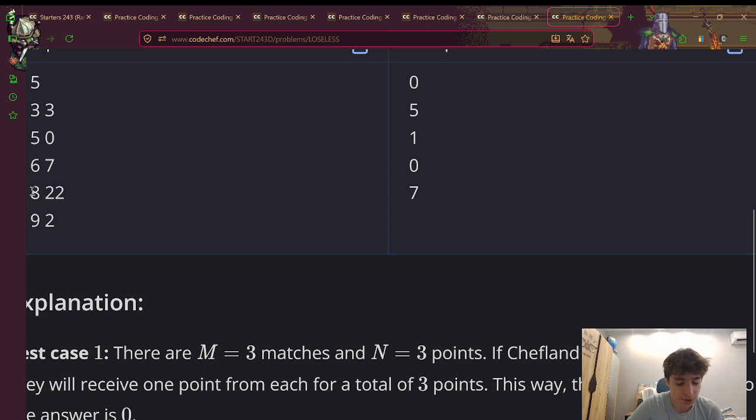What if I take 5 and 10? No, there's no 5 and 9. Yep. So 5 matches played scores 9. For example, what about 2 wins? Yep.